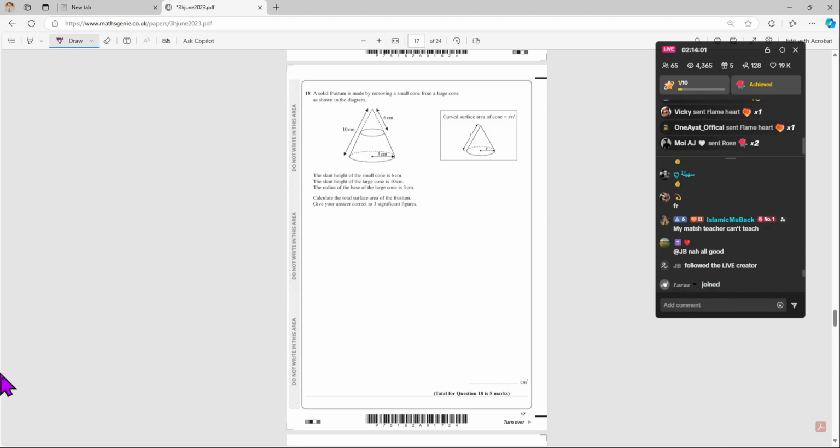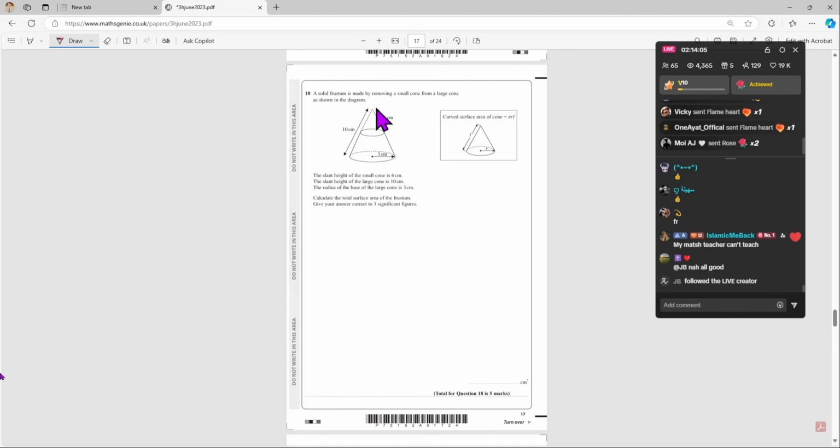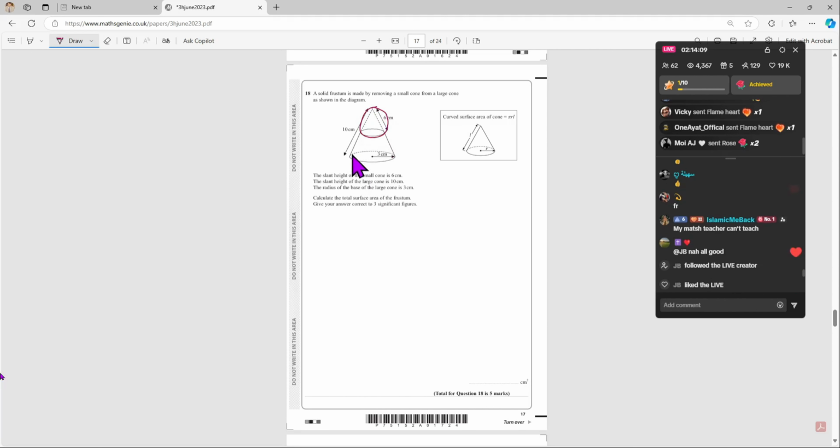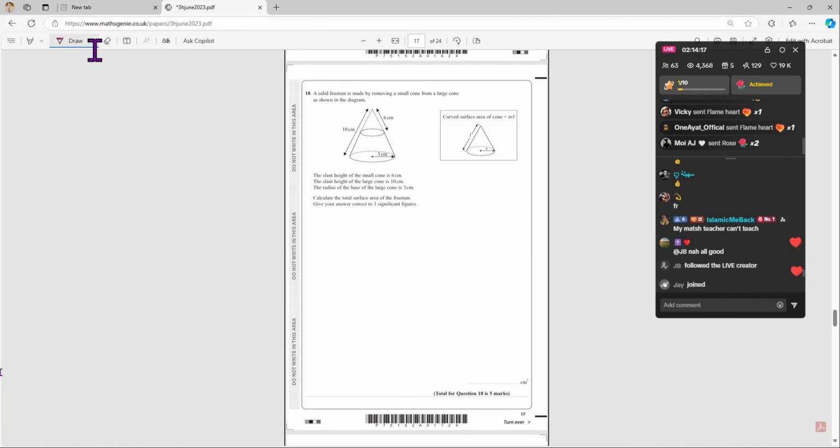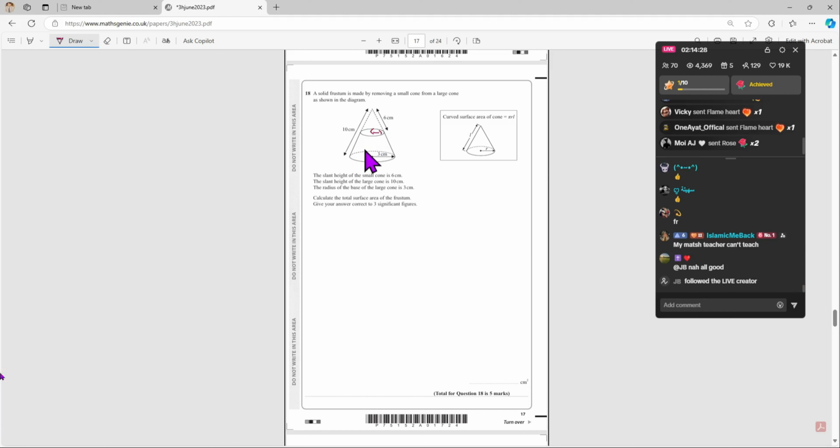So what we need to do is first work out the area of the cone that they removed, and then subtract it from the big cone to work out the surface area. This is a similar shapes question, so to work out the radius we have to use the similar shape method.